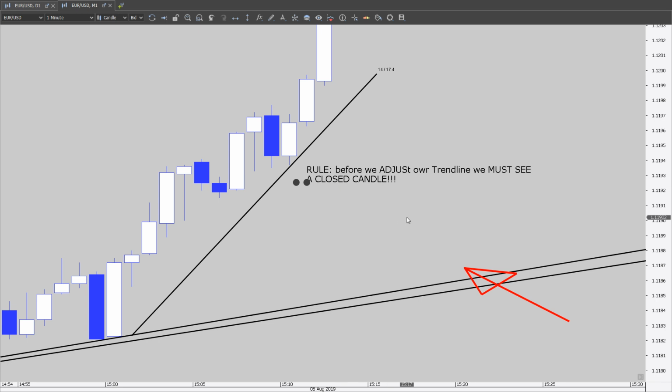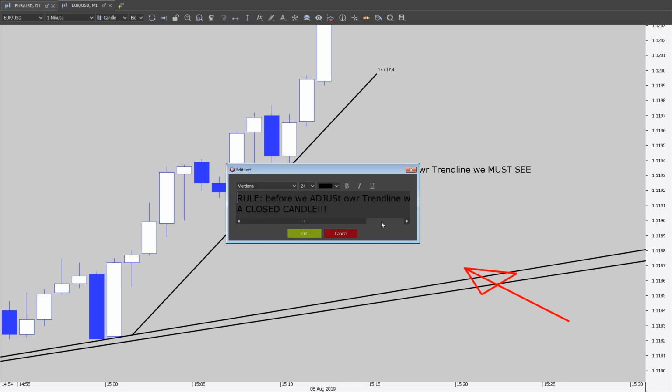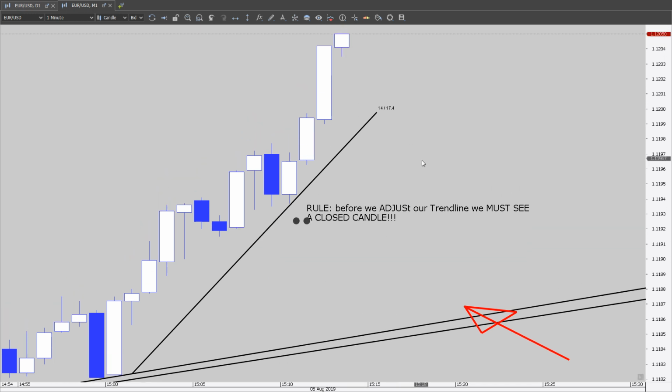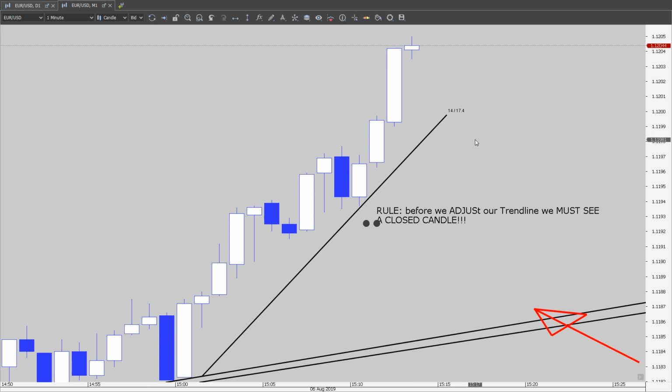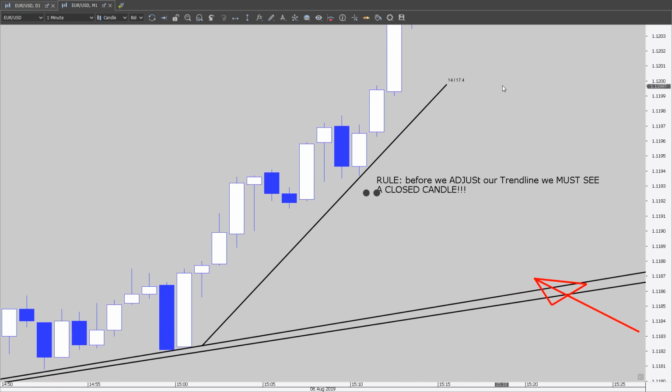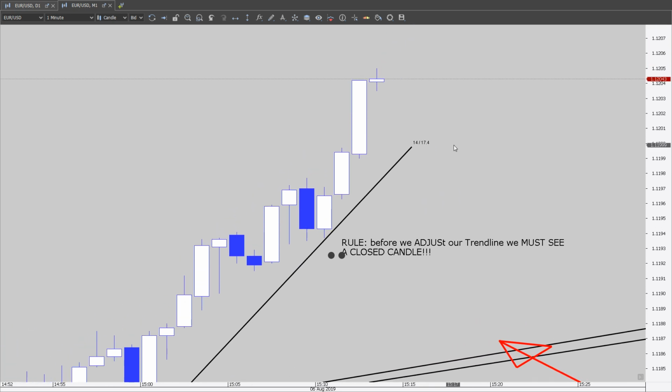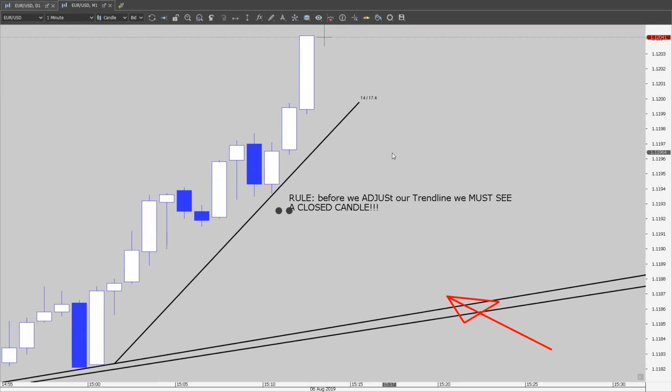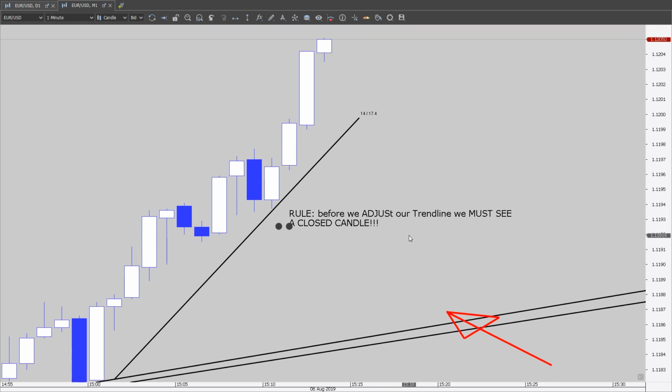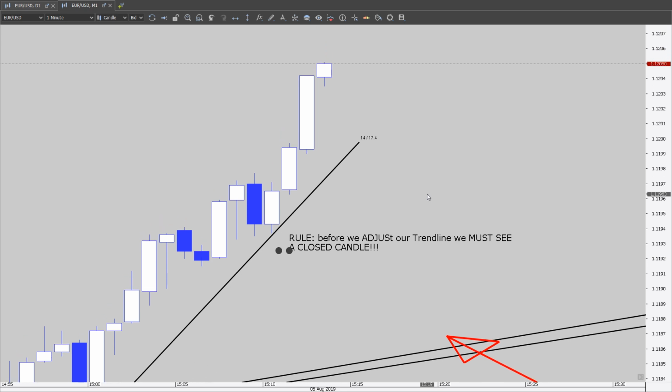Before we adjust our trend line, we must see a closed candle. You cannot move your trend line because you think the market is going to go higher, or because you think the market is going to push lower. You need to adjust your trend lines only when the market closes the candles.